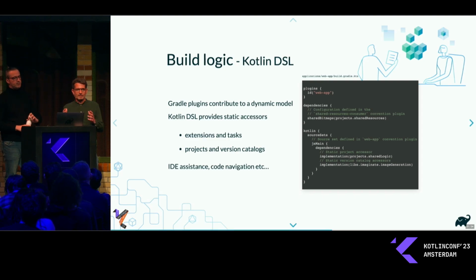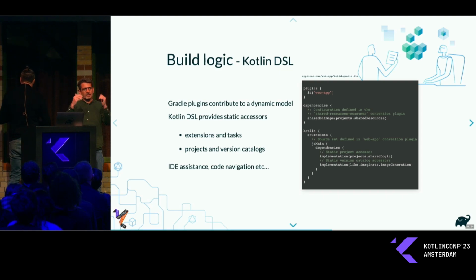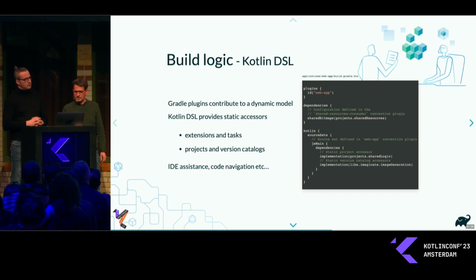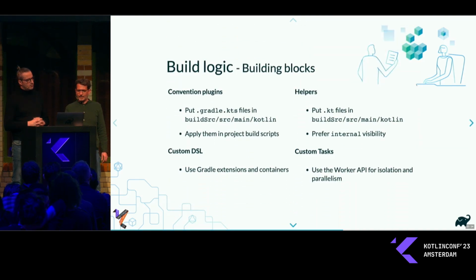And to have a lot of things statically defined in your build script, the Kotlin DSL looks at what the plugins supplied into the Gradle dynamic model, then generates the accessors so you can have them. This is about extensions, tasks, projects, version catalogs, like we saw. And that's why you get all the IDE assistance and everything.